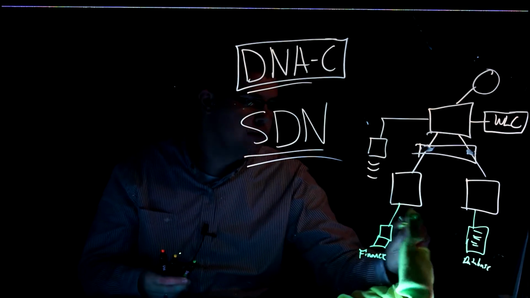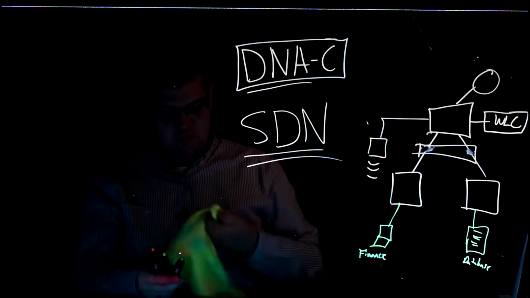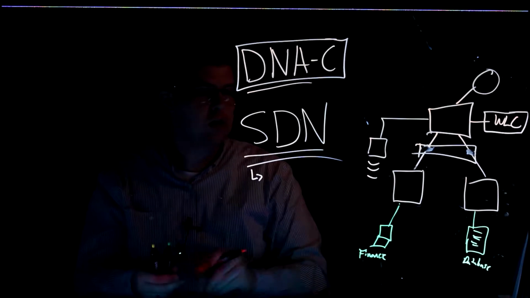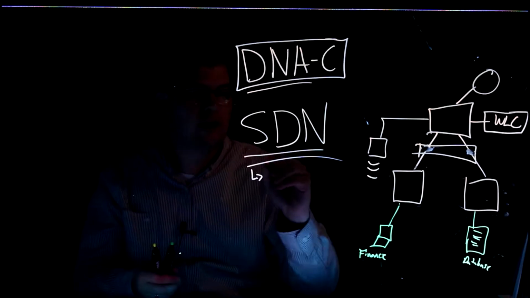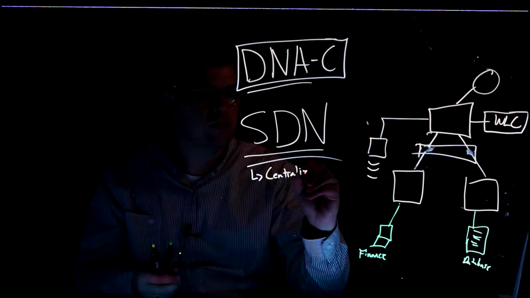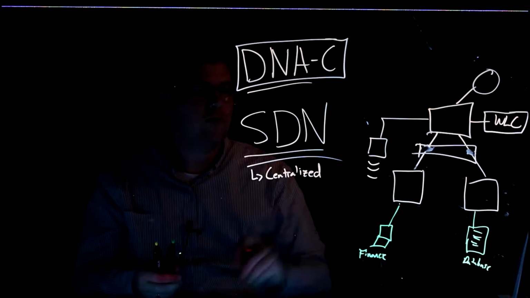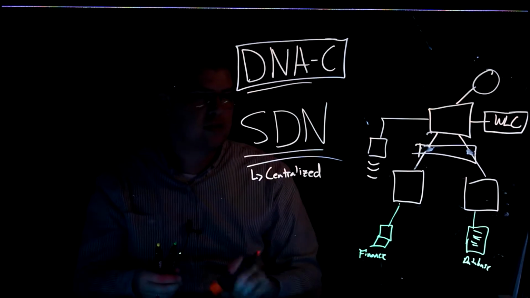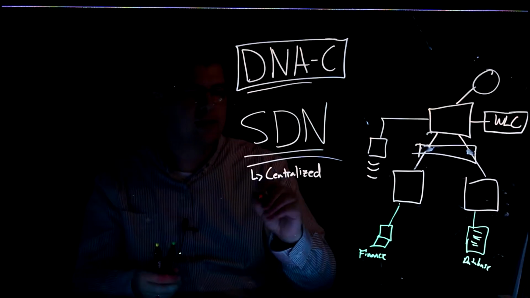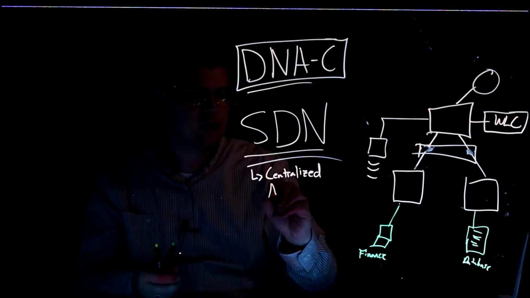So step number one is just building this network. I got a bunch of switches to deploy, a bunch of APs to deploy, a bunch of routers to deploy. One of the promises of software-defined networking was centralized control. A lot of the intelligence from this software that goes into the network is all dictated by your applications.